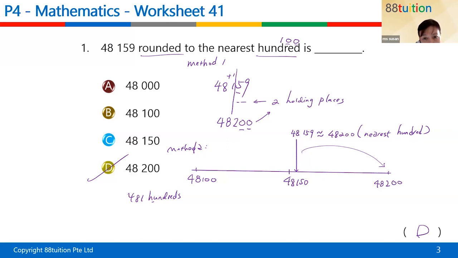Okay, so I prefer method 1 or method 2. How about those who have not voted for this? Who has not voted? Hao Xuan, have you voted? Okay. How about Myra?